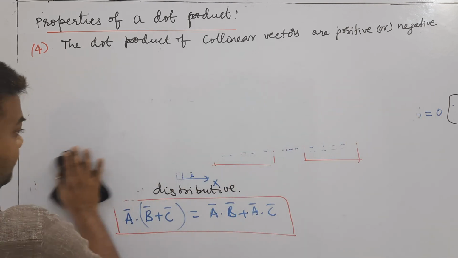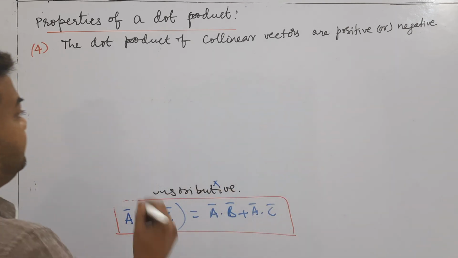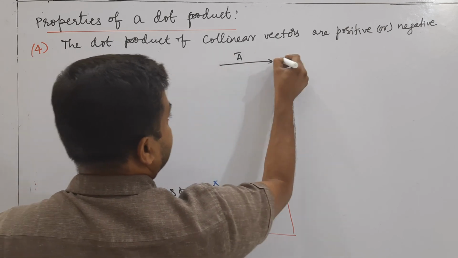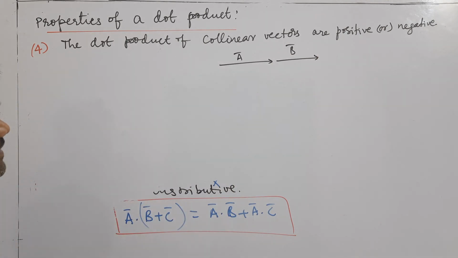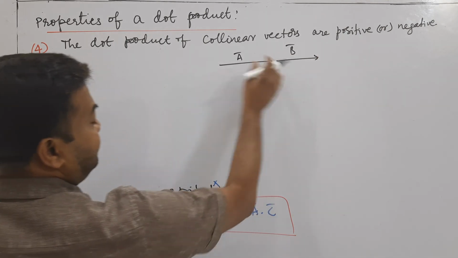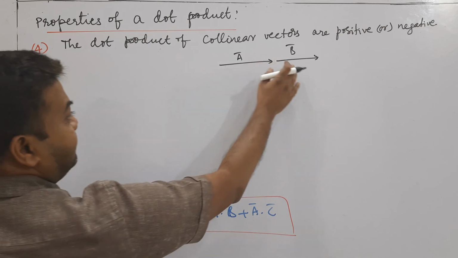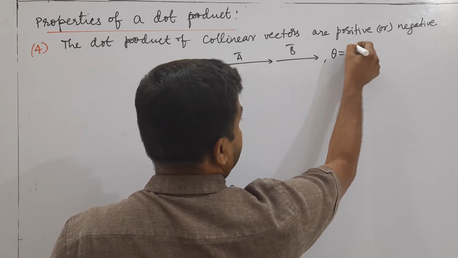Then how are these two vectors? Suppose A bar and B bar are both in the same line like this, then what is the value here? If A bar and B bar are like this, then the value of theta is equal to 0.